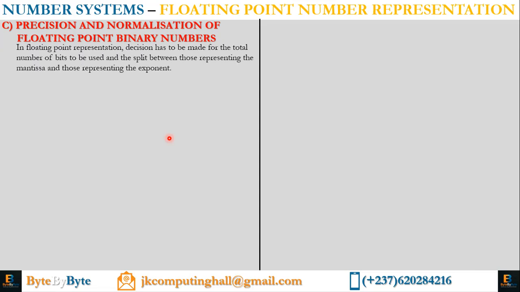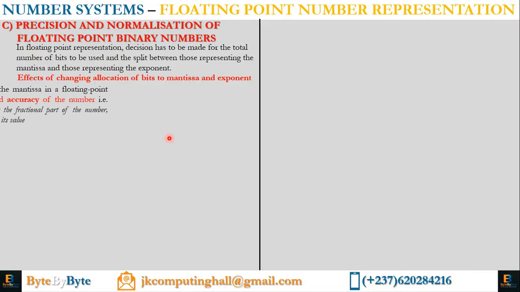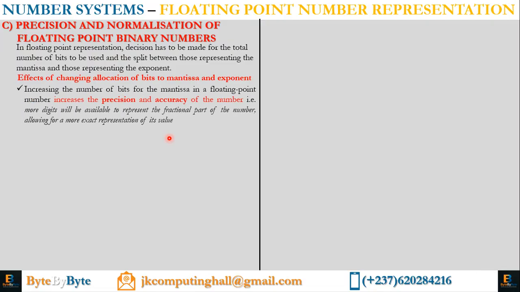In floating point representation, a decision has to be made for the total number of bits to be used and the split between those representing the mantissa and those representing the exponent. Effect of changing allocation of bits to mantissa and exponent: increasing the number of bits for the mantissa of a floating point number increases its precision and accuracy.